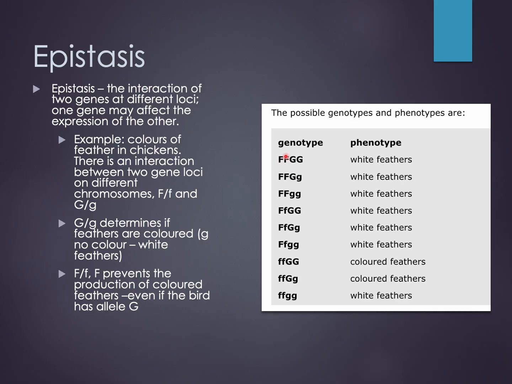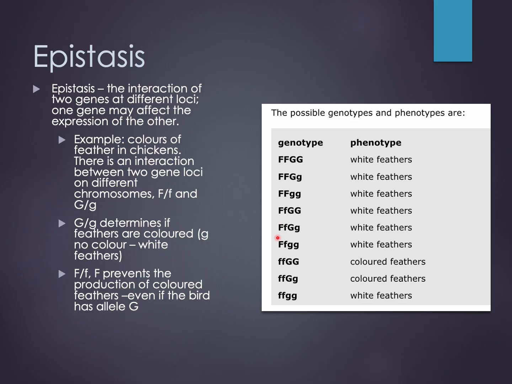Since it's preventing the production of colors, we're not going to see colored chicken feathers, we're going to see white feathers. And in these first several examples, all of these have to have white chicken feathers because they have that capital F allele, which is the gene that is going to prevent the production of colors.